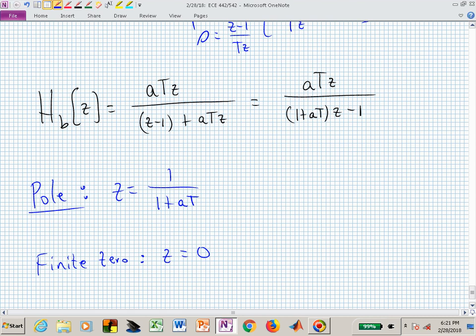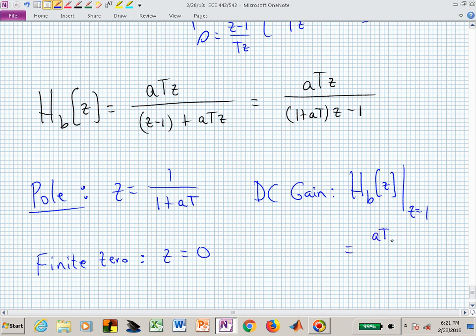What's our DC gain? We find it exactly the same way. We evaluate h sub b of z at z equal to 1.